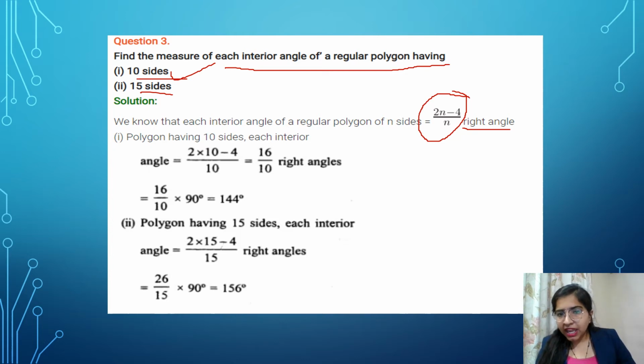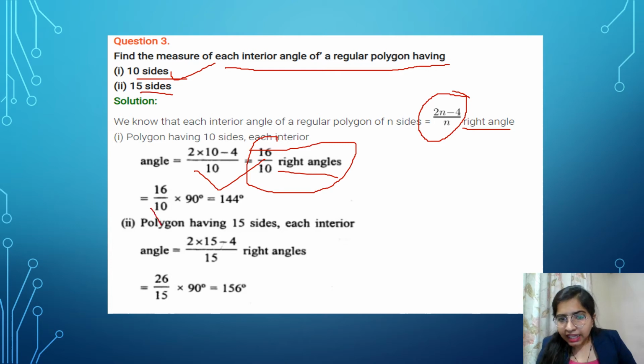So 20 minus 4 will be 16 upon 10 right angles, right? But this is right angles, so what you have to do? Multiply by 90. So the measure of each interior angle will be 144 degree.